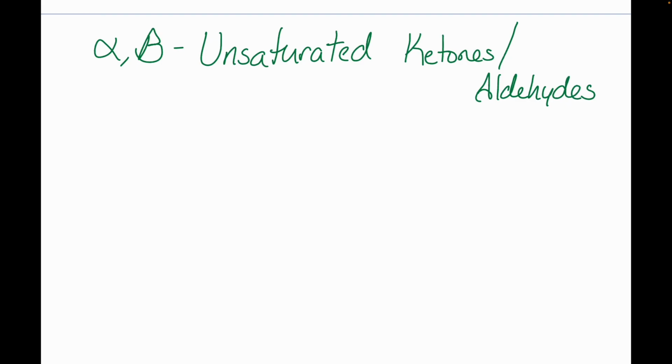Okay, so first of all, if we take a normal old aldehyde or ketone, they have this lettering system where as you start moving away from that carbonyl carbon, from those functional groups, they label these carbons with the Greek alphabet.